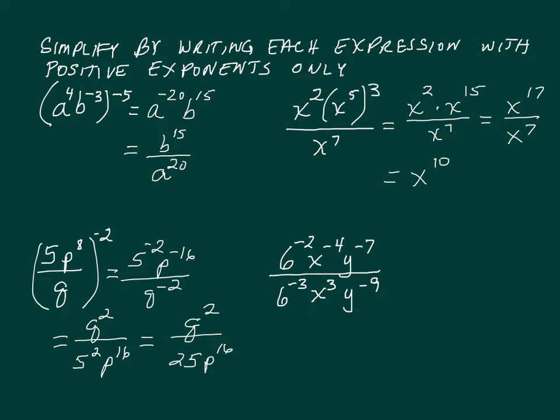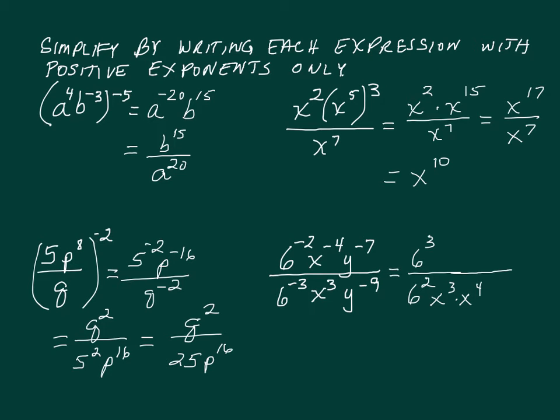So for instance, I have a 6 to the negative 2 I want to bring to the bottom and make it 6 squared. And a 6 to the negative 3 becomes 6 to the 3rd at the top. Then I have an x cubed that's positive in the denominator. And I have an x to the negative 4th in the numerator that I want to bring to the bottom as x to the positive 4.